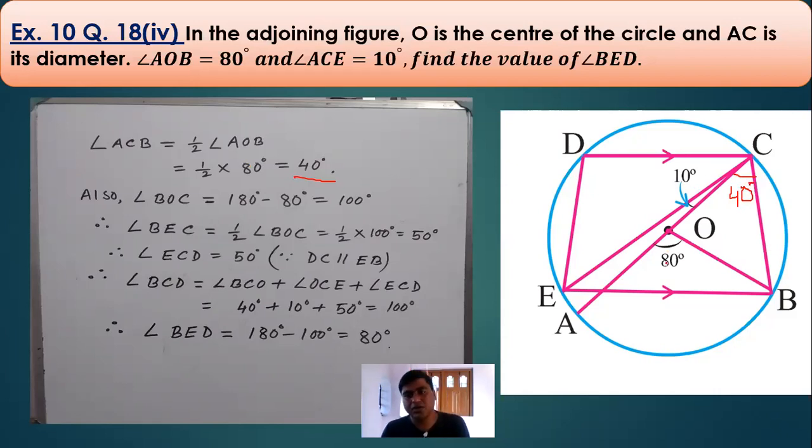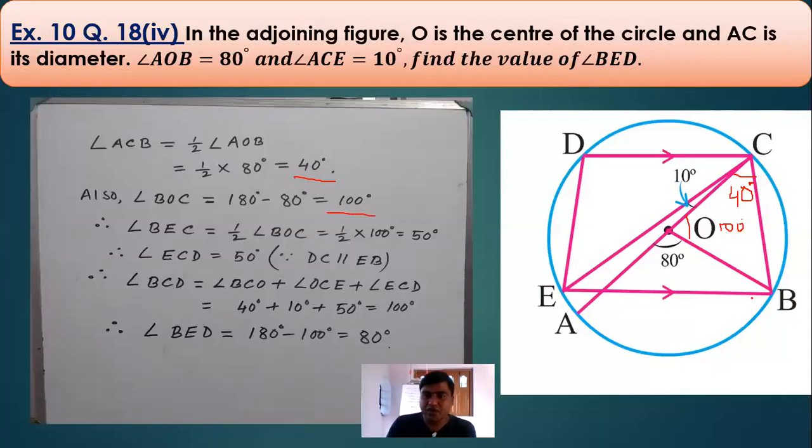This angle equals 40 degree. Also, this angle is 80 degree. So therefore, this angle is 180 minus 80, which equals 100 degree.